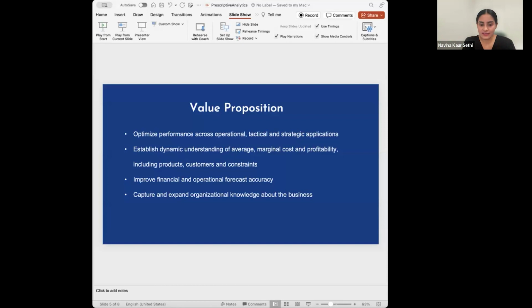Because of weather, in some stores you can see more swimsuits selling, while other stores will have jackets selling, because in the US we have a variety of weathers. So knowing data, predicting that data, and then using that data is very important. Here we are getting a dynamic understanding of things using prescriptive analytics. We already talked about how it is helpful in financial and operations.